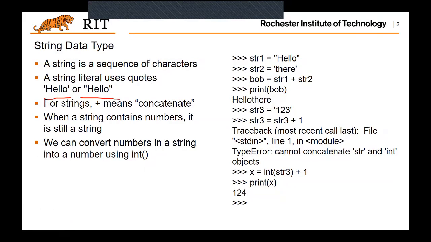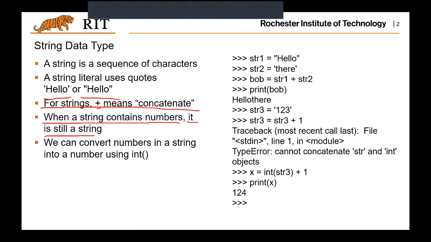There are some operators like the plus sign. That means concatenation of two strings. In other words, you are appending one string to the end of another one, right? That's what the plus sign means. And even if there's a number inside a string, it's still a string.